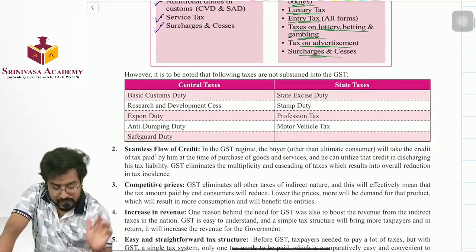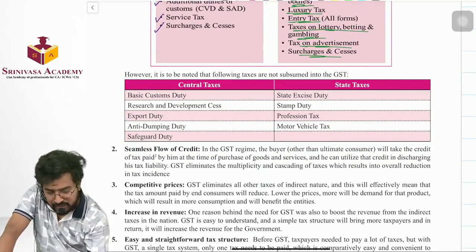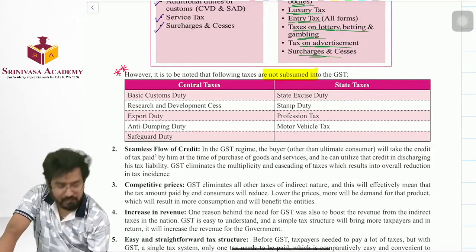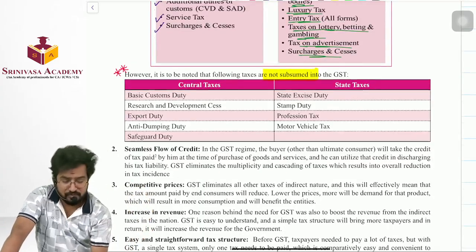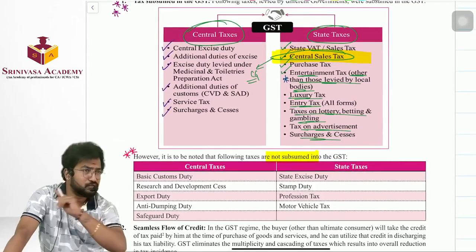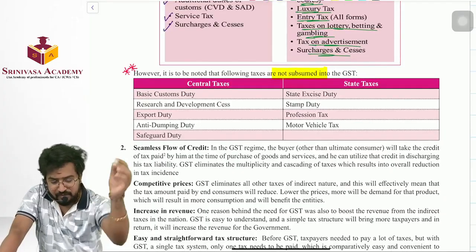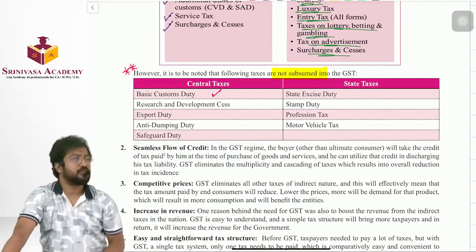Now this is the next important point for you, which are not subsumed. I repeat, very important concept, which taxes are subsumed and not subsumed. You should definitely remember it. Even after GST, what is there? Basic customs duty.